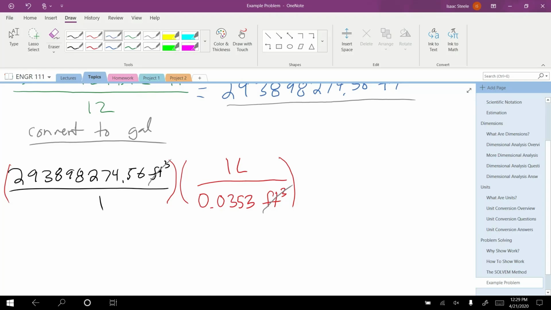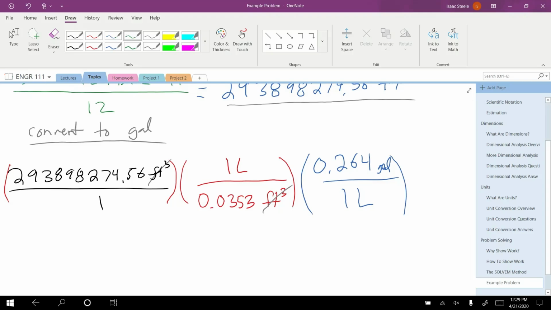I'm going to do one more conversion. I want to cancel out liters, so I'm going to put liters on the bottom. And I'm going to use my conversion that goes from liters to gallons, which is 0.264 gallons. Now, when I go ahead and I do this, I'm going to get a really large number again.